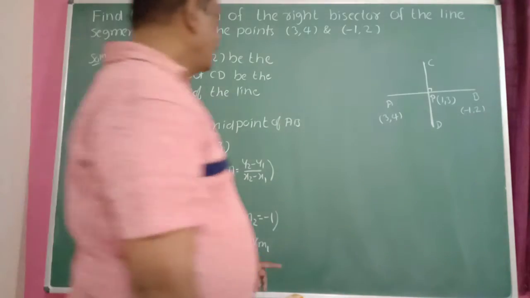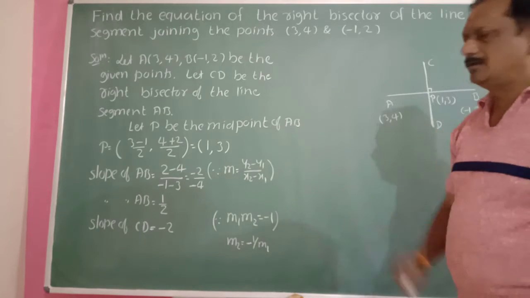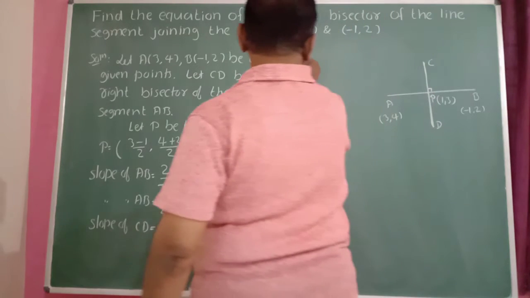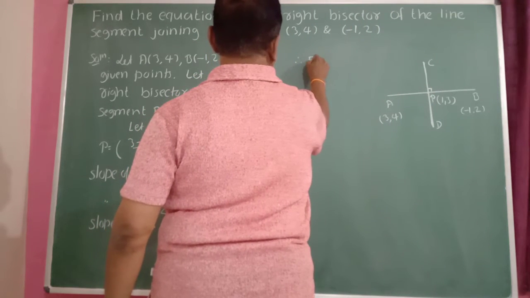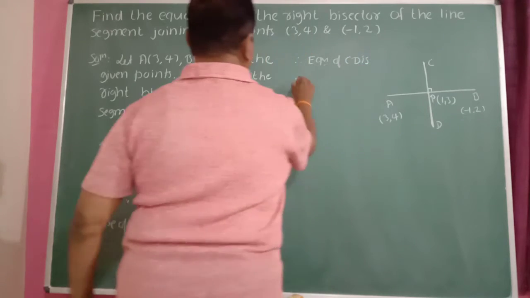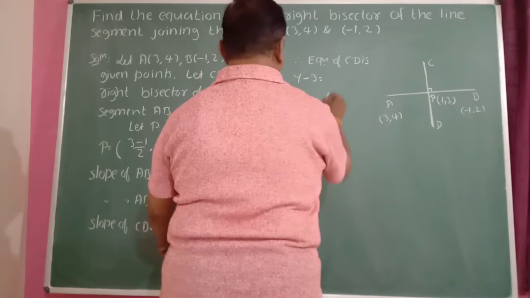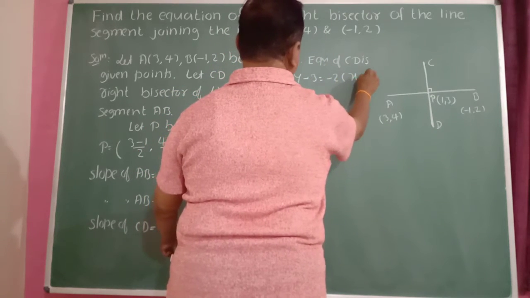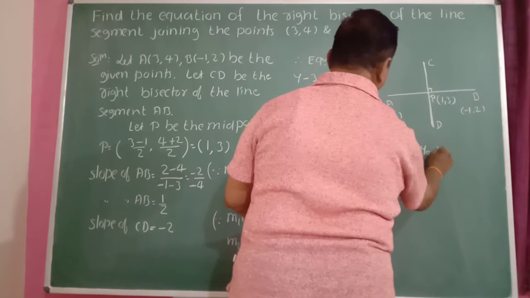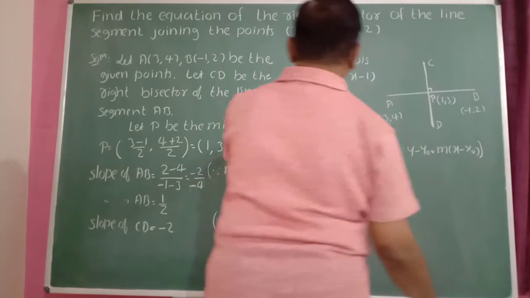So you know the point, and you know the slope of this line is minus 2. You can use the point-slope form. Therefore, the equation of CD is y minus 3 equals the slope minus 2 into (x minus 1). So you are using the formula y minus y0 is equal to m into (x minus x0).